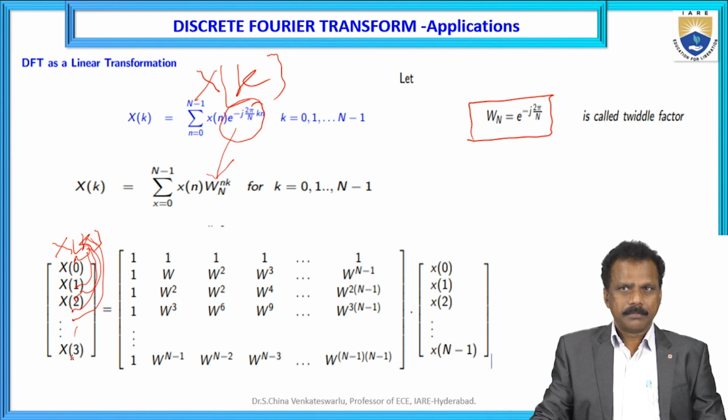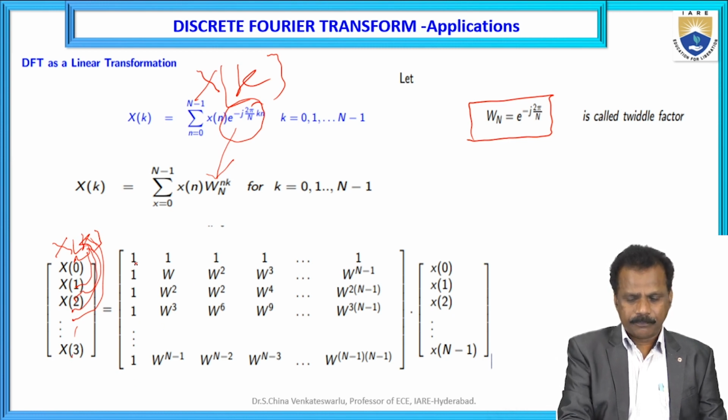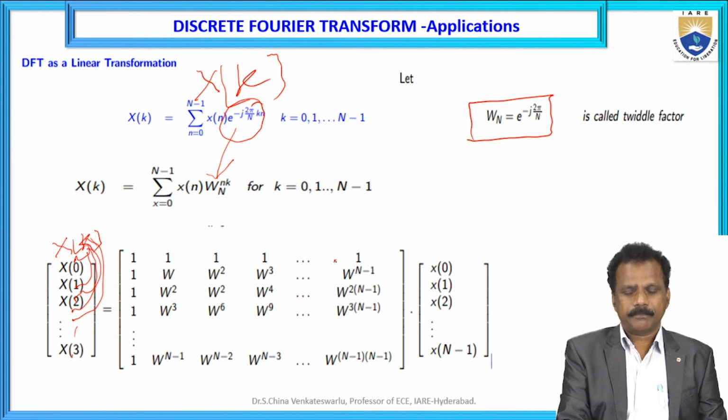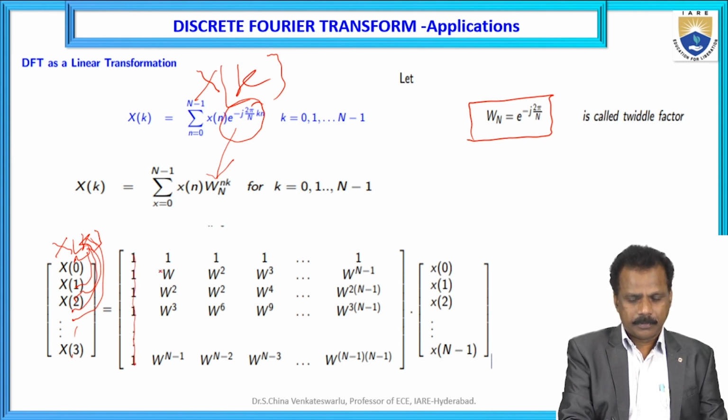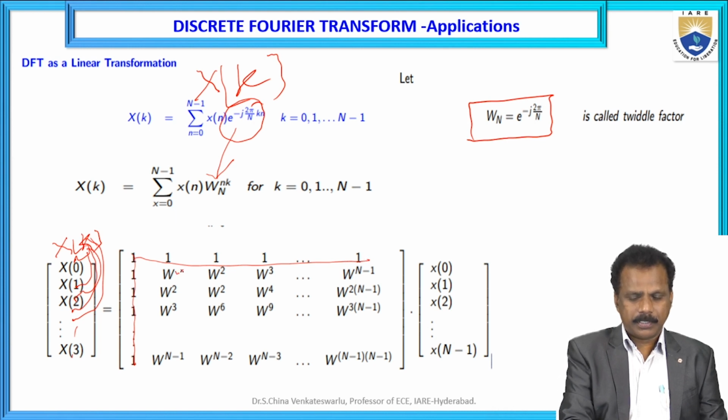Using the twiddle factors, the first row and first column are all ones. The next row is 1, W, W square, W cube and so on up to W N minus 1. The next line is W square, W power 4, W power 6, up to W power N minus 2.